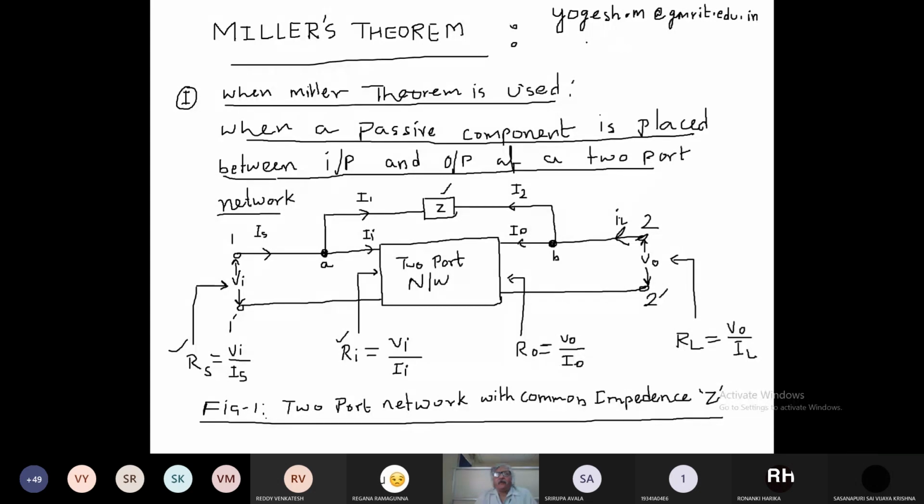Okay, so I want to see how many students will do it and send it to me, right? You solve that part and send me your copy. You solve it and take a photo of that, and that image you send me at this mail ID. Okay, right. Okay then.